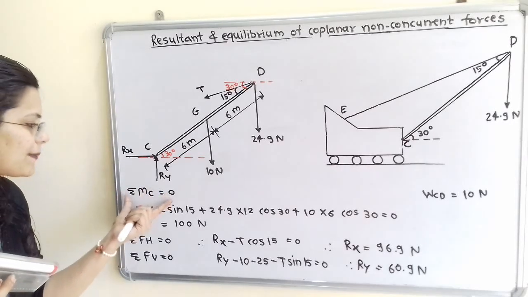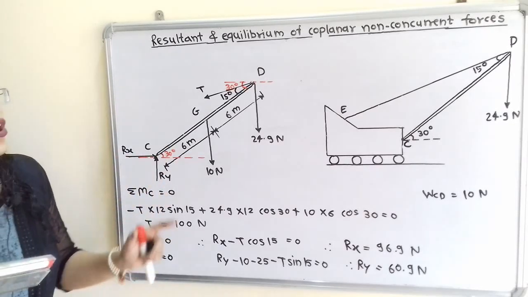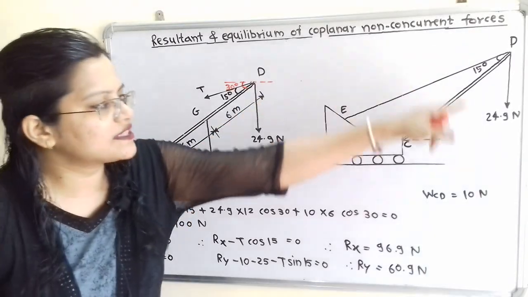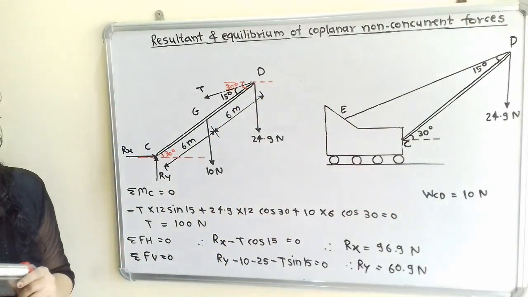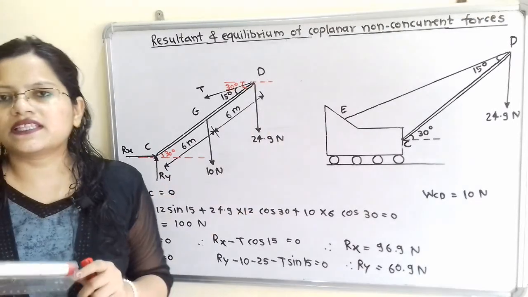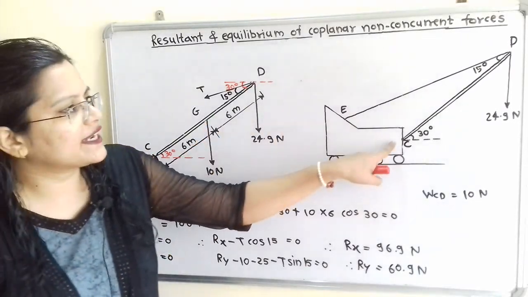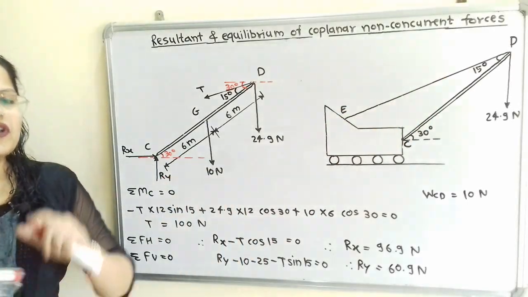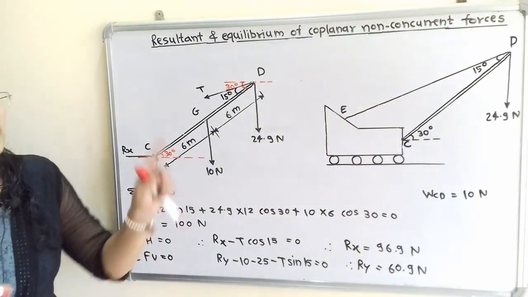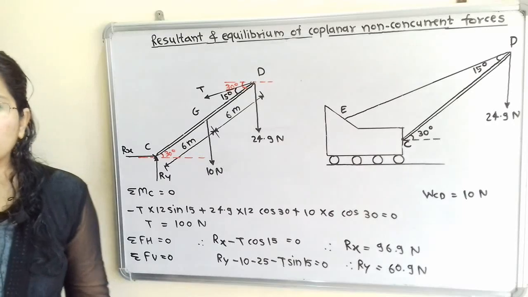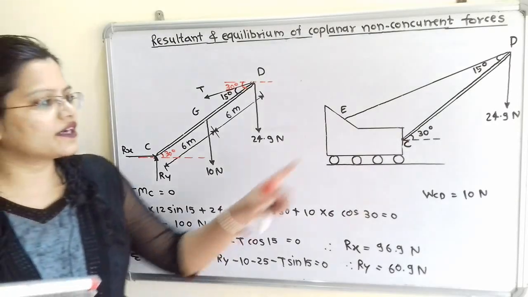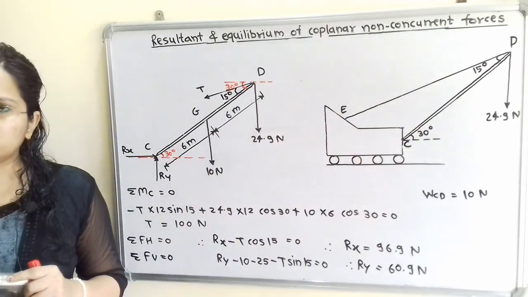Why apply this condition? Because we consider the whole system to be in equilibrium. When the system is in equilibrium, the moment of all the forces about any point is equal to 0, the summation of all horizontal forces is equal to 0, and the summation of all vertical forces is equal to 0.